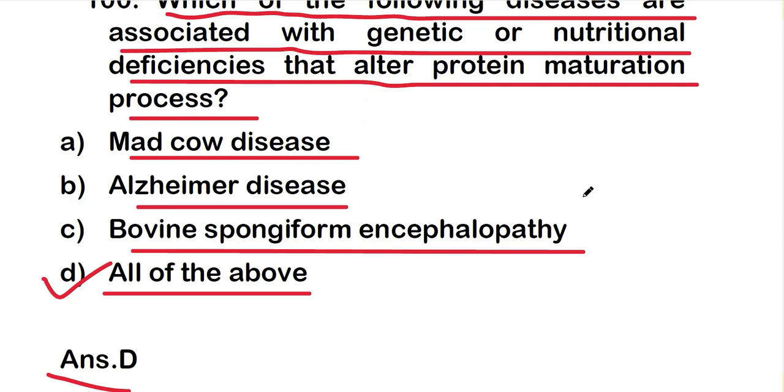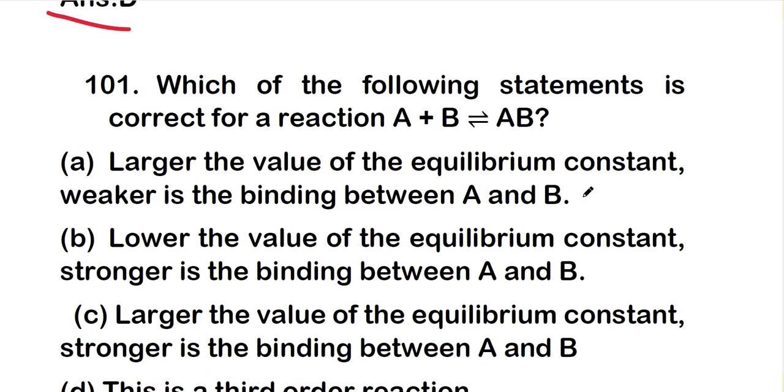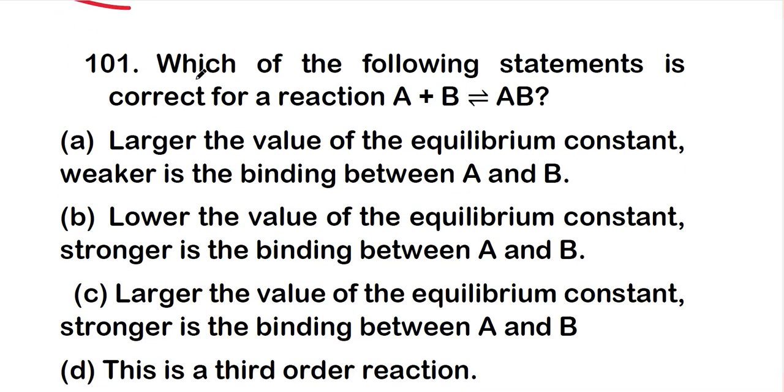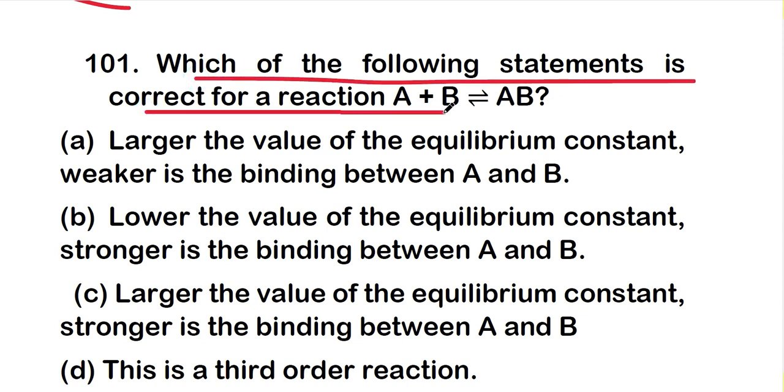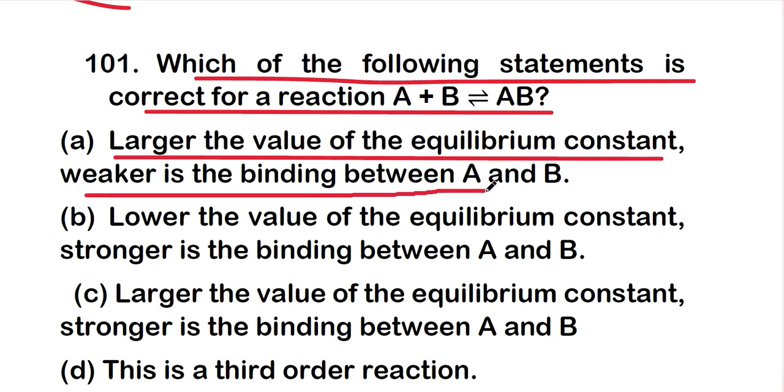Okay, so let's move on to the next question, that is question number 101. Which of the following statements is correct for a reaction A plus B reversible AB? The options are: option A, larger the value of the equilibrium constant, weaker is the binding between A and B substrate.